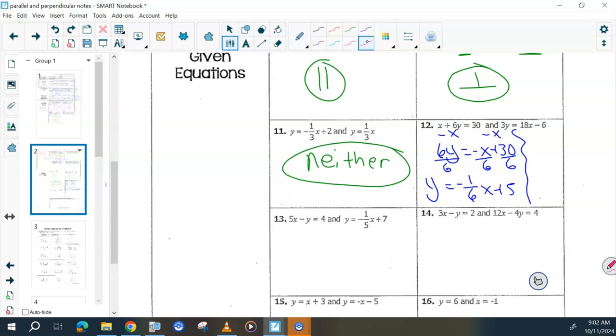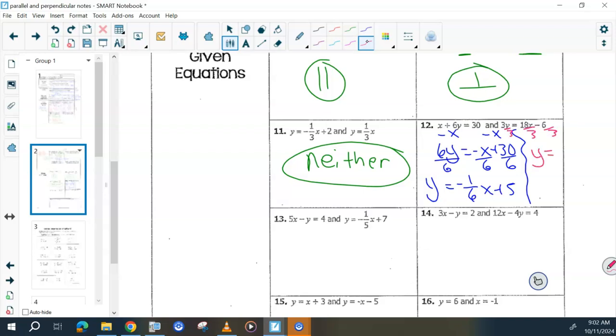And then how would we solve the one on the right? How would we get y by itself then? What do you say? Divide by 3.